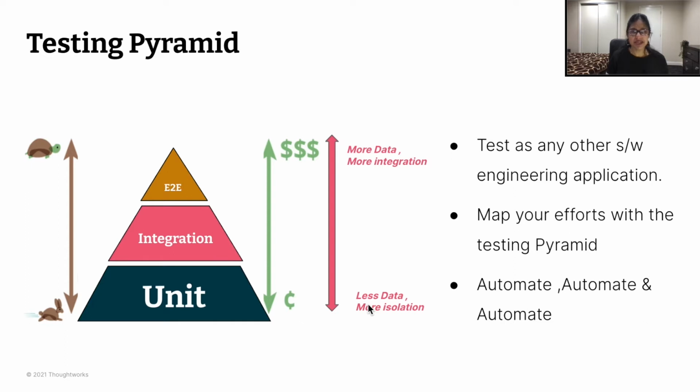The exact mix will be different for each team, but in general, it should retain the pyramid shape. Unit tests are cheaper and have faster feedback, which makes them more effective, and that's why it's suggested to have more coverage in unit tests. Similar to a software engineering application, we should test the data engineering application as well and map our efforts to the testing pyramid. And automation is the key.